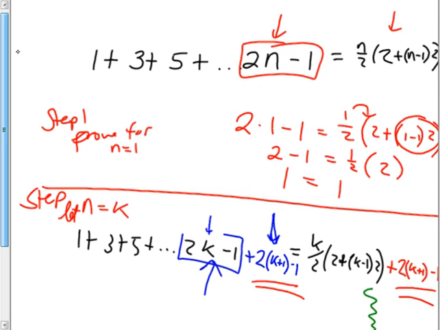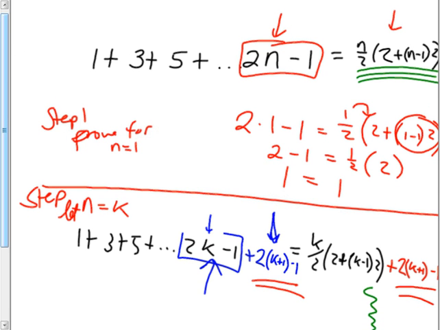This original statement right here, except not with n's and not with k's, but what do you put into that one? K plus 1s. You want this to get manipulated, this guy right here, all of this side has to get manipulated down until it looks like this with K plus 1s in it.